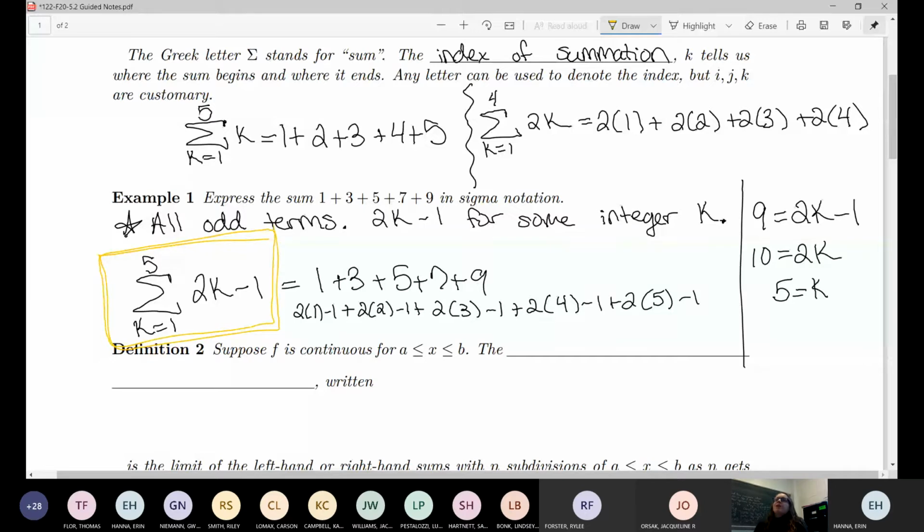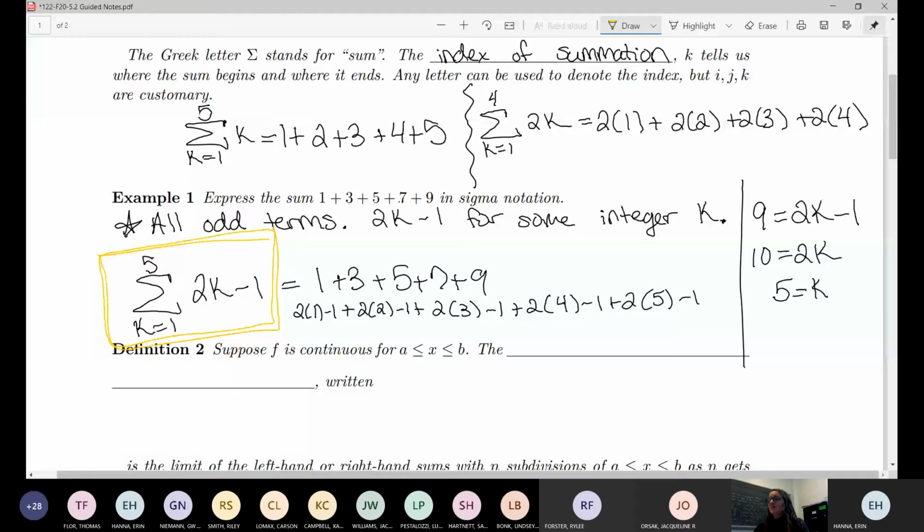Benji, it sounds like a sassy answer, but it's because it's the definition of an odd number. Any odd number can be written as 2k minus 1. Now, again, since we're not going to do a ton with the sigma notation, you don't really need to worry about knowing that.